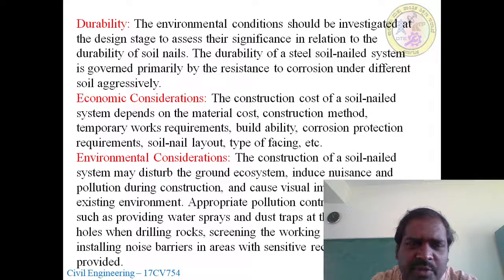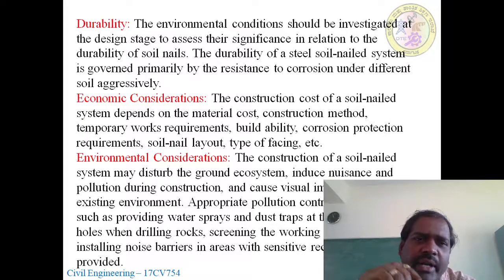And next comes durability. The environmental conditions should be investigated at the design stage to assess their significance in relation to the durability of the soil nails. The durability of a steel soil nail system is governed primarily by the resistance to corrosion under different soil aggressiveness, where soil having moisture content will affect the nail, because the nail is a steel structure.